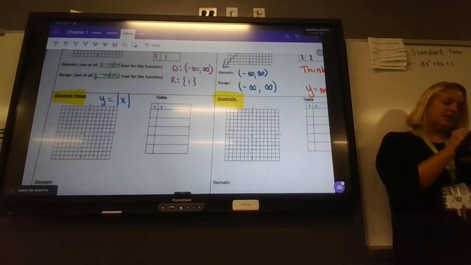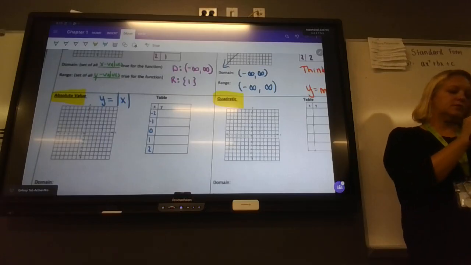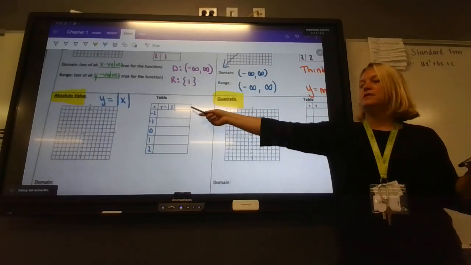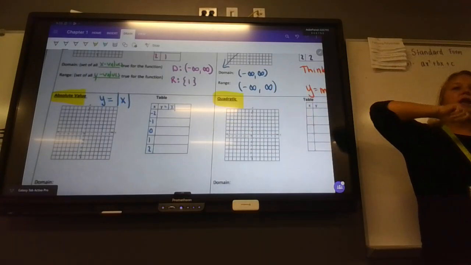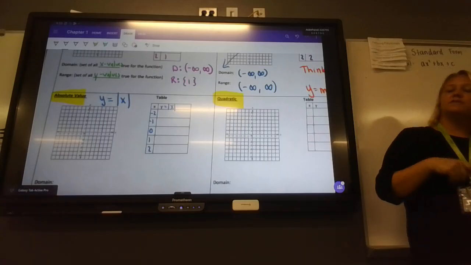So same table, negative 2, negative 1, 0, 1, 2. This time we're plugging into these absolute value bars, and absolute value refers to distance. It makes things positive that are negative.